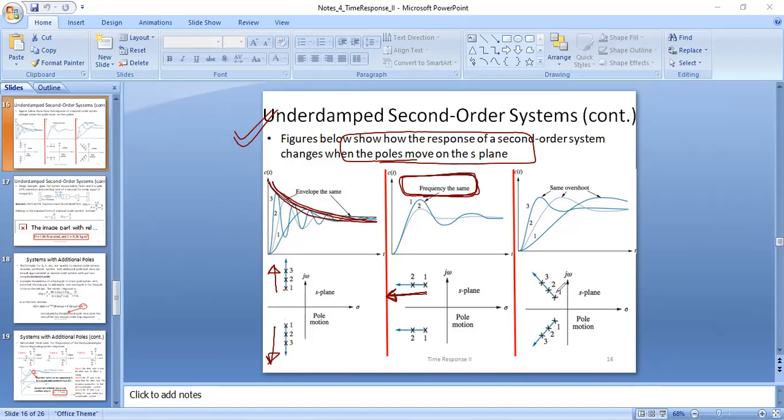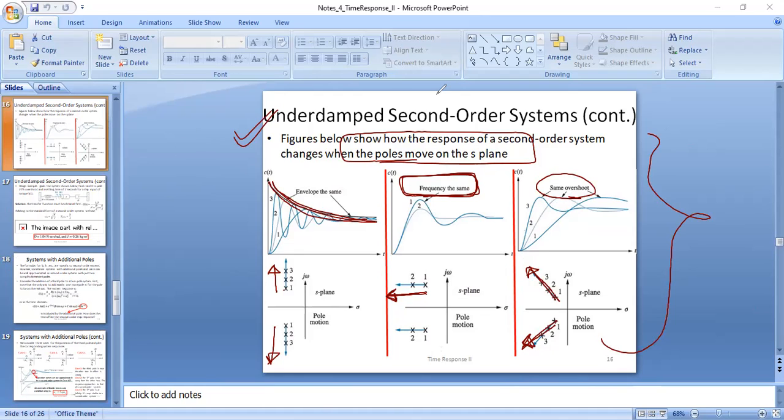And when your poles are moving diagonally, then you will say that you have the same overshoot. You need to memorize this, or write it in your formula sheet, because the question will come directly.